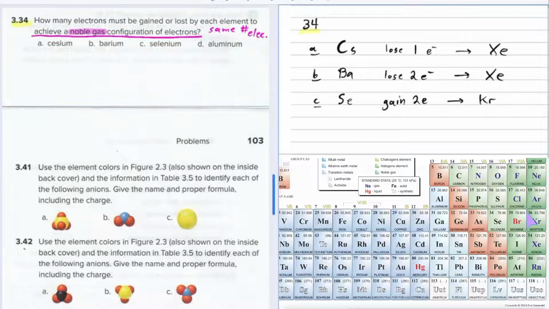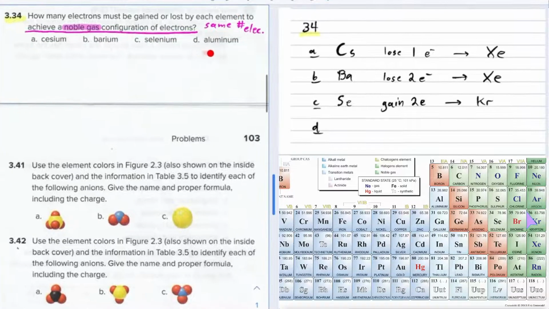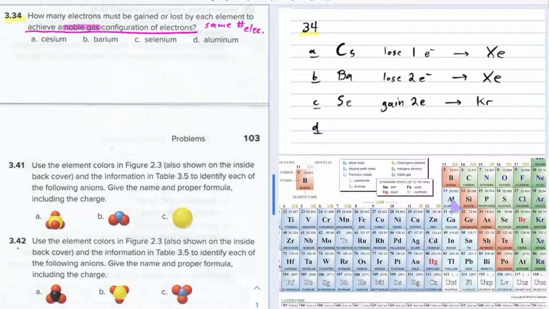I'll erase that. And then finally, D is aluminum. Aluminum's a metal. Metals tend to lose electrons, hopefully you're seeing this trend, and nonmetals tend to gain electrons. So aluminum's a metal, and we would expect it would lose electrons. There's aluminum right there. It's element 13.